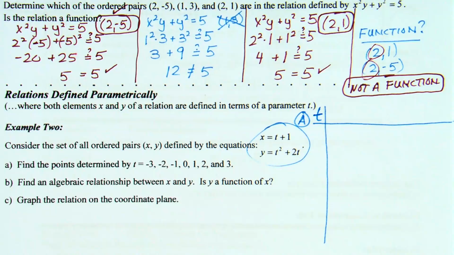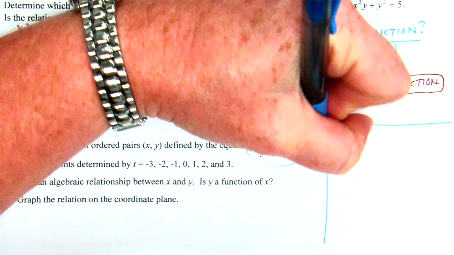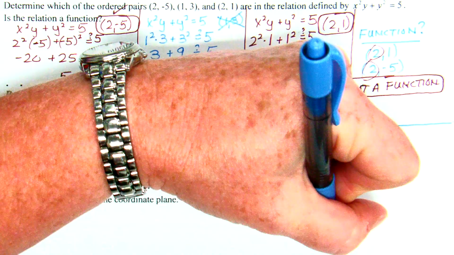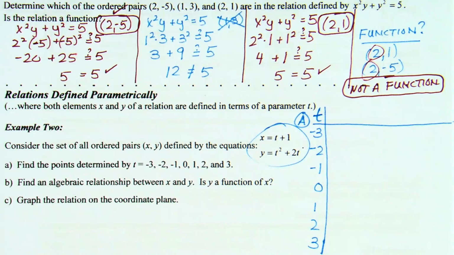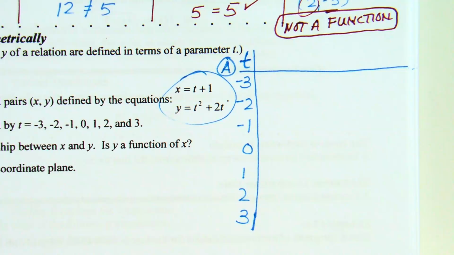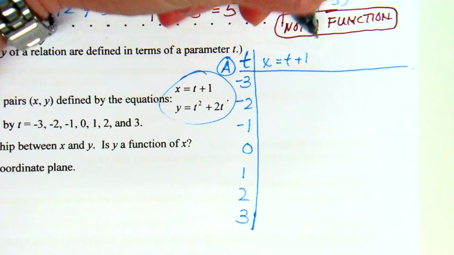Did they tell us the t's to use? Yeah, what t's did they tell me to use? Okay. So no magic on the t's. They told me that they want me to use -3 to +3. The next column is going to be my x column. And it says in order to find x, we're going to have to do t plus 1.